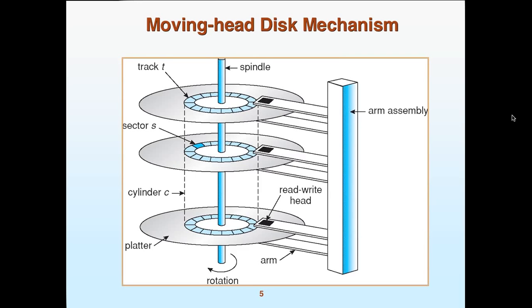The arm goes around and finds, depending upon which sector and which cylinder the particular piece of data is on this disk, and then it reads from that position. So we have track 1, track 2, track 3, and we have platters in here. It's sort of a cylinder that rotates.